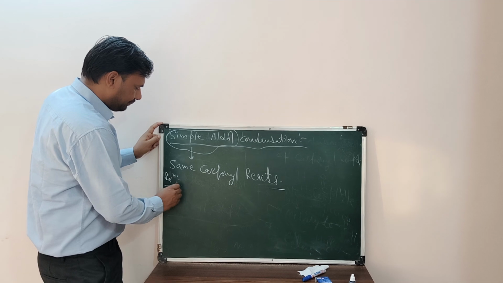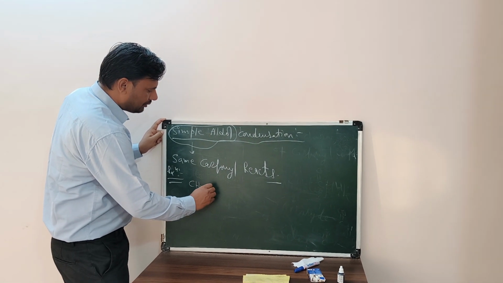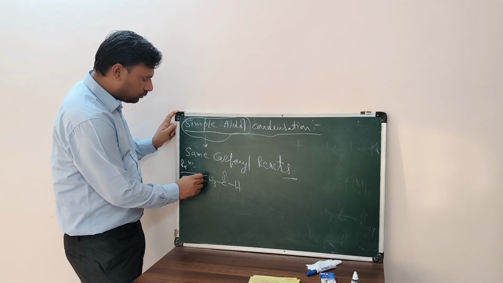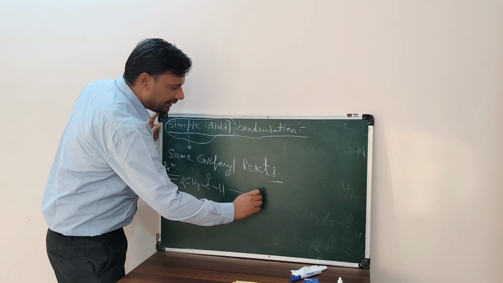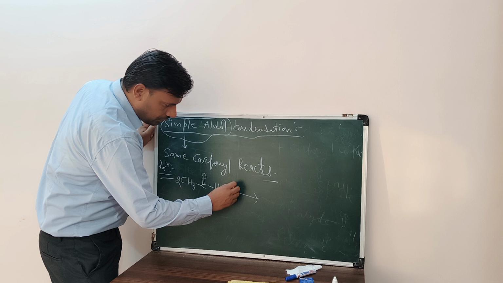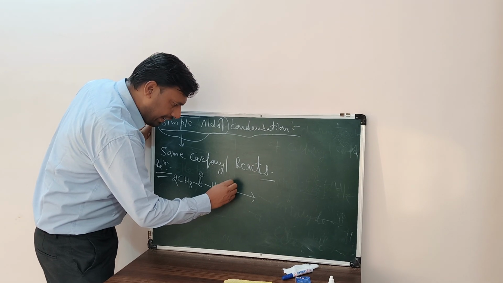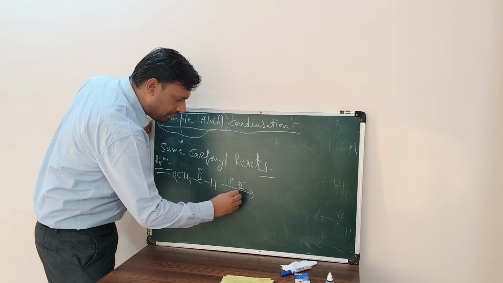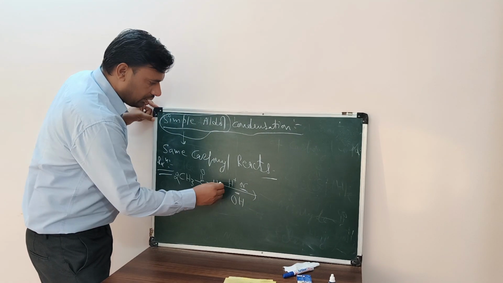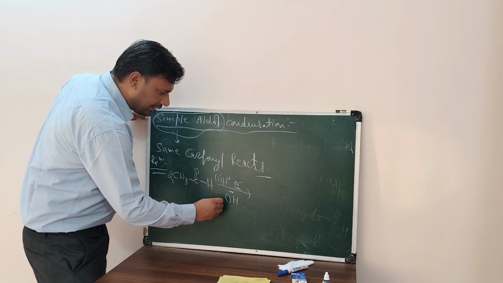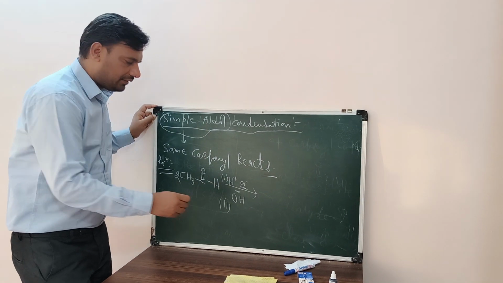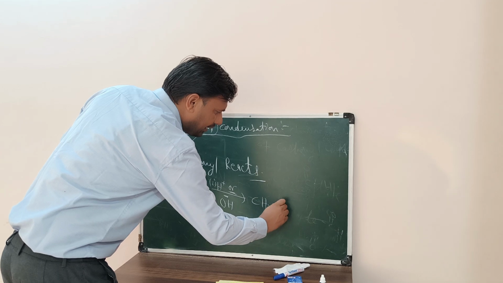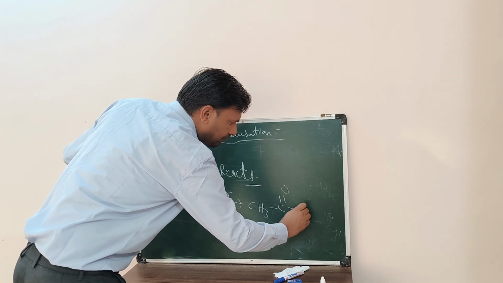For example, CH3 C double bond OH, acetaldehyde. The two molecules of acetaldehyde react in presence of any acid or in presence of any base. In the first condition, in the second condition, upon heating, making an alpha beta unsaturated carbonyl compound.